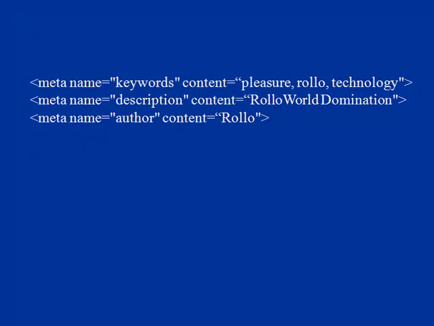The author is Rollo down there, and the description of the page is Rollo World Domination, of course, and keywords, so search engines can find me. Pleasure: people want pleasure, so they can find my webpage, and then they'll get Rollo, and they'll come under my spell.